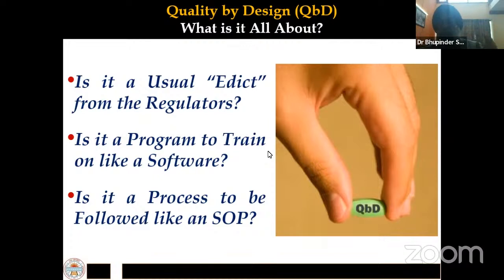An SOP is a ready-made kind of solution. Once it's implemented, it will be implemented for all. No, QBD has to be designed as per the needs and specifications, as per the API, as per the excipient, as per the reference listed product. You have to look into the target and then follow it up. So it is target specific. It is design specific. It is not a standard operating protocol which can be implemented just like that.